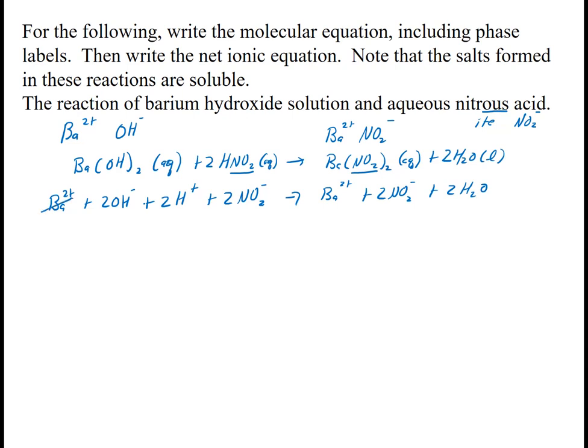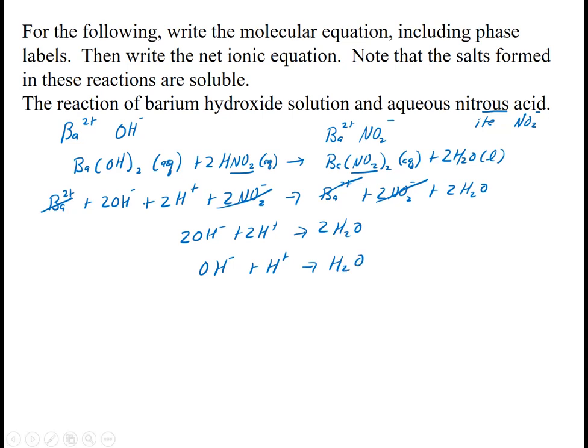So my bariums cancel out on either side. The nitrite cancels out on either side, so I'm left with 2 OH minus plus 2 H pluses goes to form 2 waters. Of course, I can take out the 2, so the net ionic is OH minus plus H plus goes to form H2O.